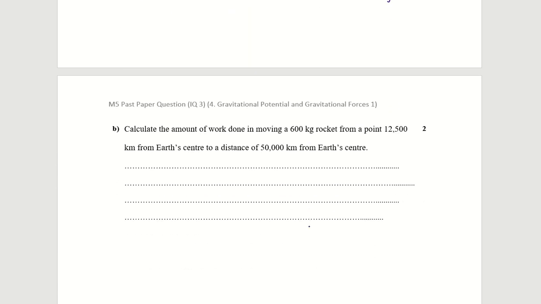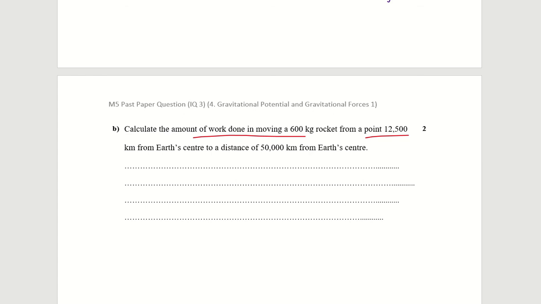Okay, and then we have the next question. It says calculate the amount of work done to move a 600 kg rocket from a point 12,500 kilometers from the Earth's center to a distance of 50,000 kilometers from the Earth's center.